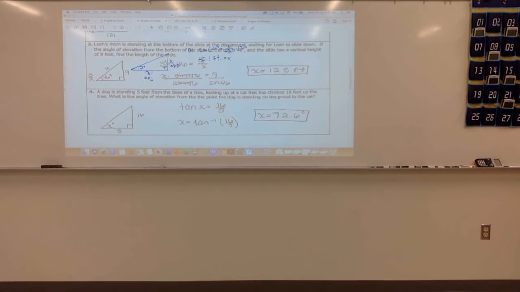I inverse both sides. So what would be the inverse? Times 16 divided by 5, the inverse tan. Now you put in 16 divided by 5 into the angle part? No, that's why we use the inverse.